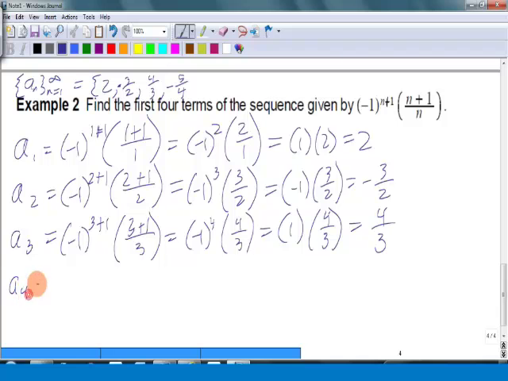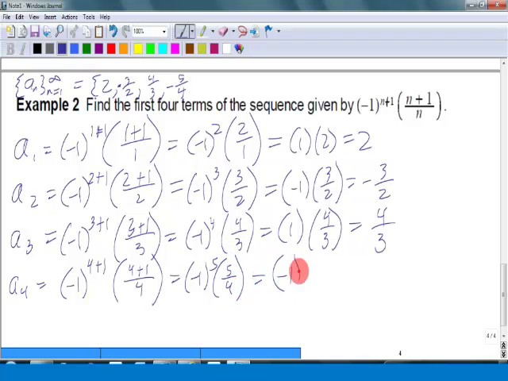And why would it be negative? Because it's an odd power up on that negative 1. So it's negative 1 to the fifth times 5 fourths. It's negative 1 times 5 fourths, and it's negative 5 fourths. So that's the next term. What's the term after that?